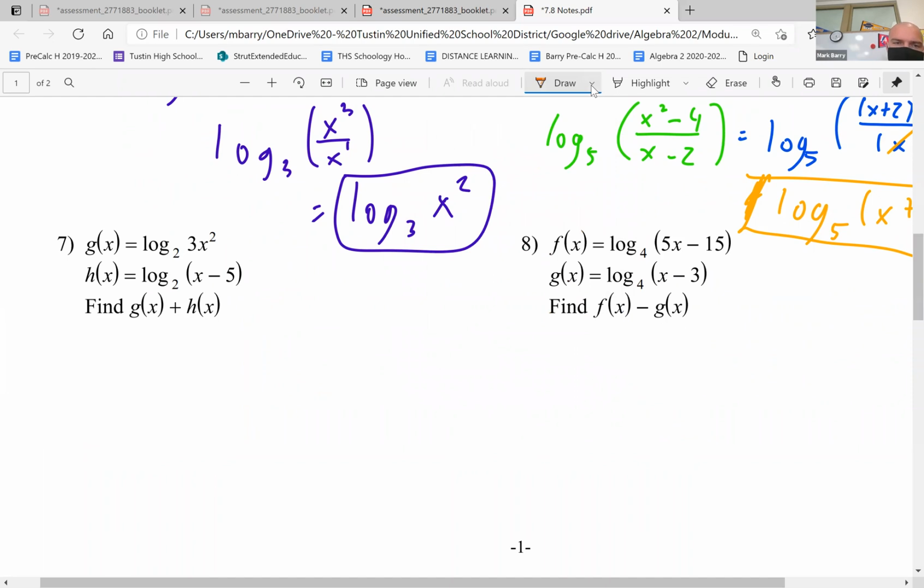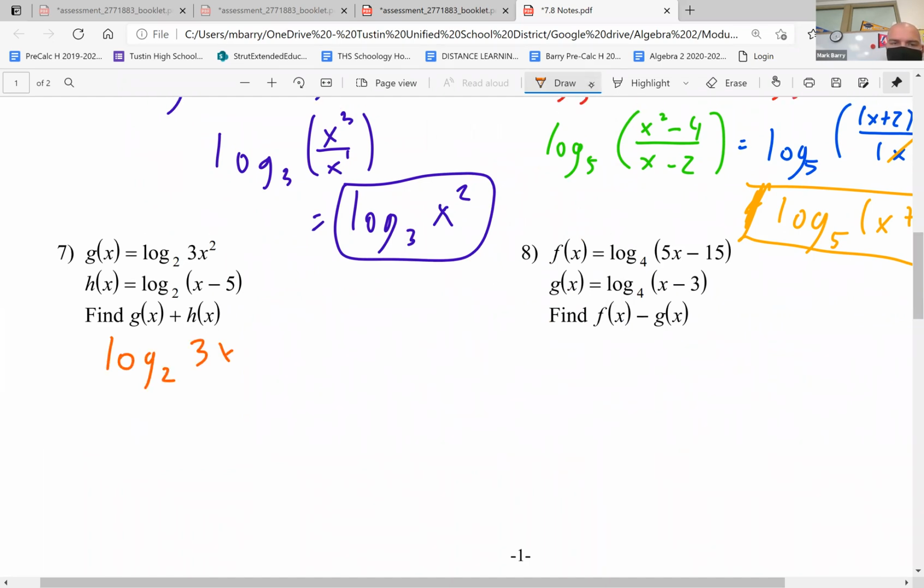Number 7, supposed to add them together now. So if we're adding separate logs, we can condense them as well. But instead of dividing, remember that it's multiplying.